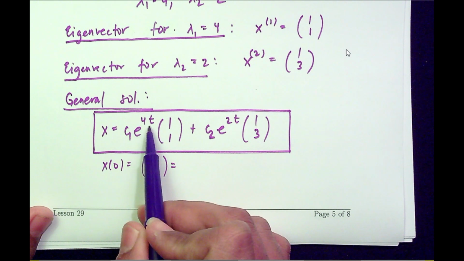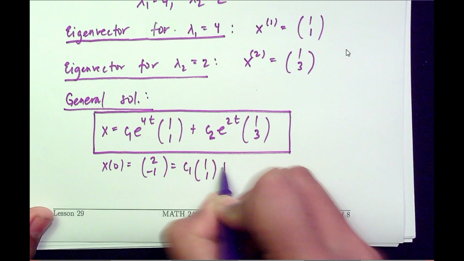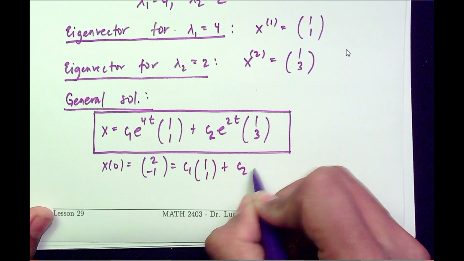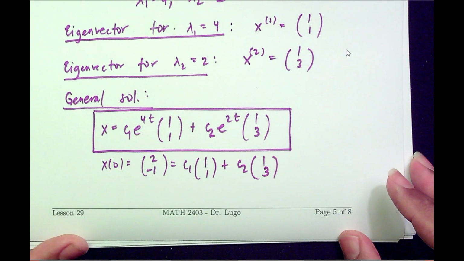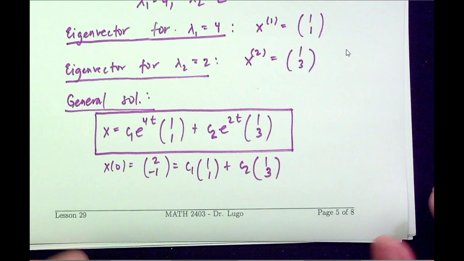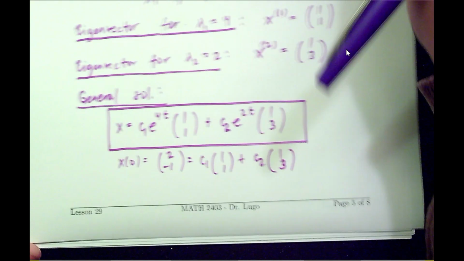If you plug in 0, you get e to the 0, which is 1, so you get c1 times 1, 1, plus c2 times 1, 3. From there, we're going to figure out what c1 and c2 need to be.